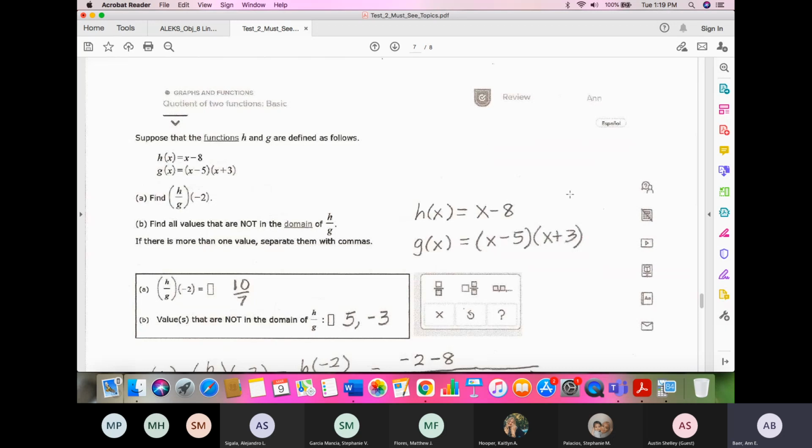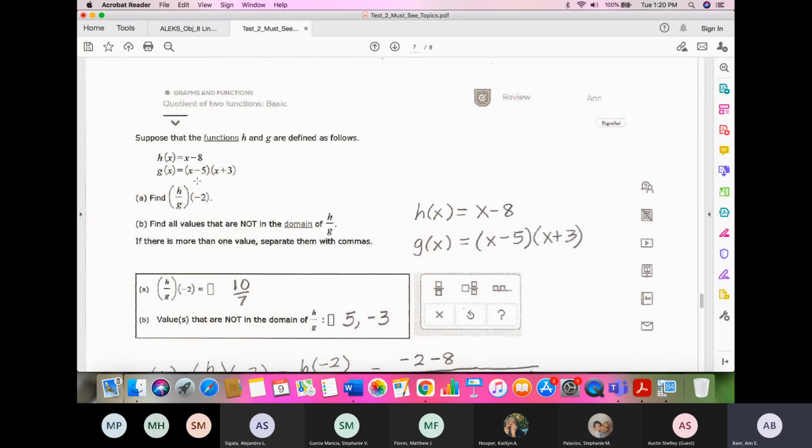Let's take a look at the quotient of two functions basic check. And we've got this one and another one to do. Suppose that functions h and g are defined as follows. H of x equals x minus 8.